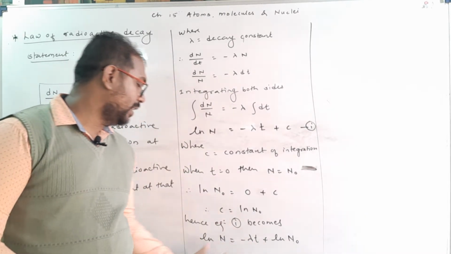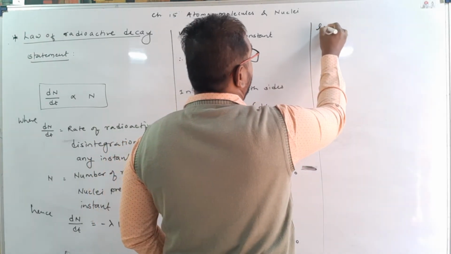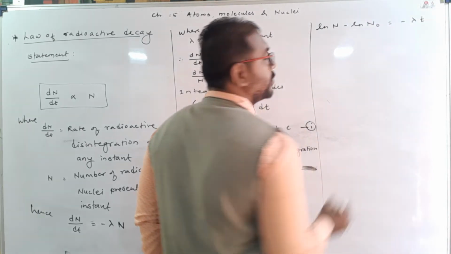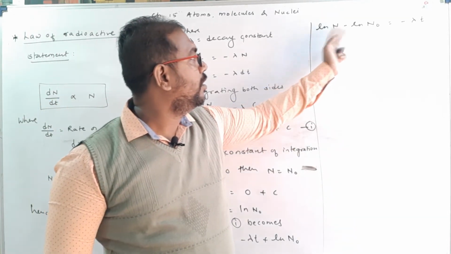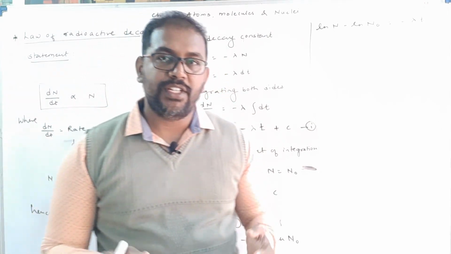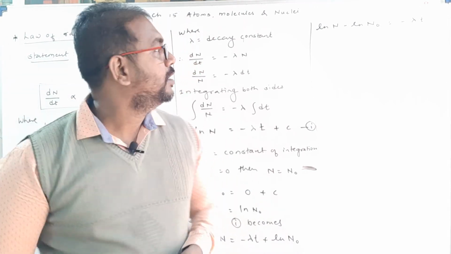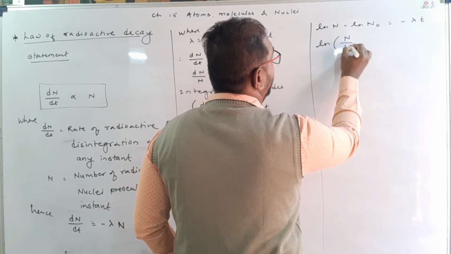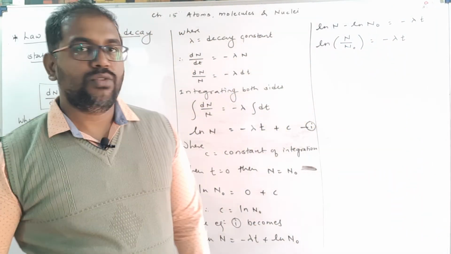This log N0 we can transfer to this side. Here it is plus, to this side it is minus. So log N minus log N0 is equal to minus lambda t. By the rules of logarithm, log of a divided by b is equal to log a minus log b, so we can write log of N divided by N0 is equal to minus lambda t.